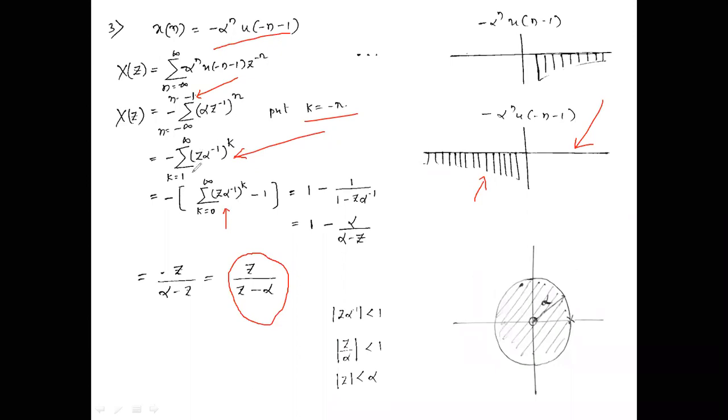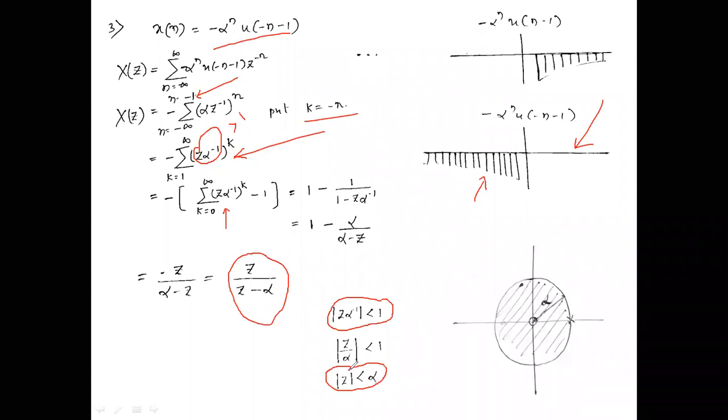Be it 1 to infinity or 0 to infinity, positive or negative, if the number in the bracket is greater than 1, then the entire thing is going to diverge. So my ROC condition is that z into alpha to the power minus 1 should be less than 1, or magnitude of z should be less than alpha.